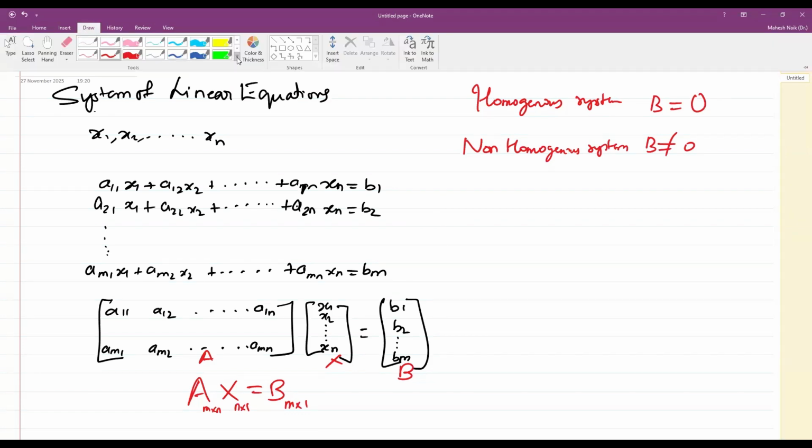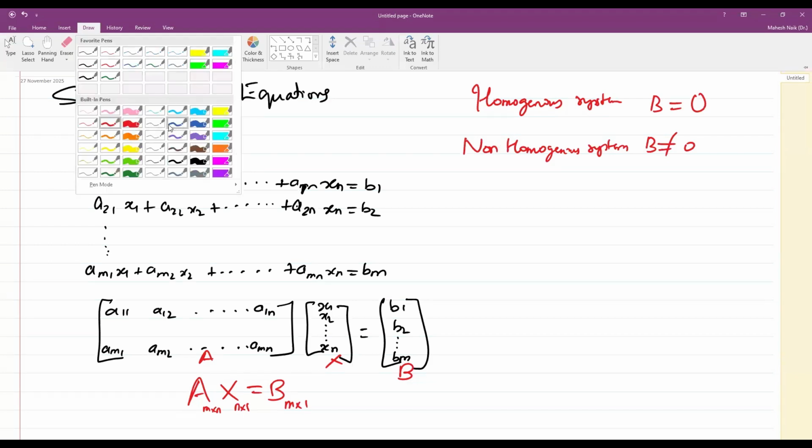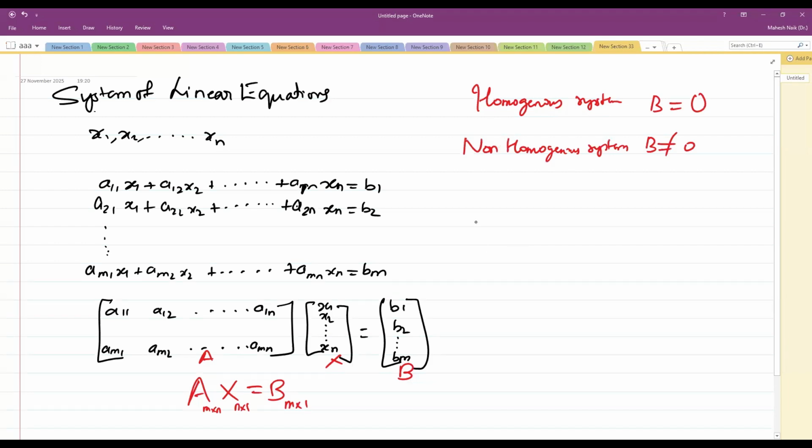Now, to talk about the solution of this particular system, whether homogeneous or non-homogeneous, we'll have to take help of rank. And before we proceed with rank, we'll define a matrix, the augmented matrix, A augmented B, which is written by clubbing the values of matrix B into matrix A. So a11, a12 up to a1n, and then we have b1, b2 up to bm.